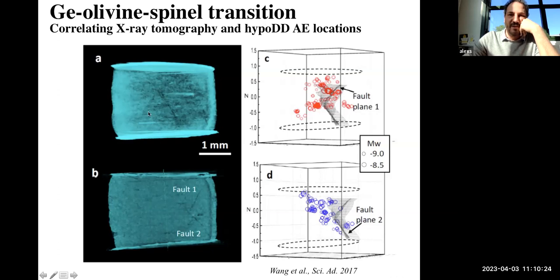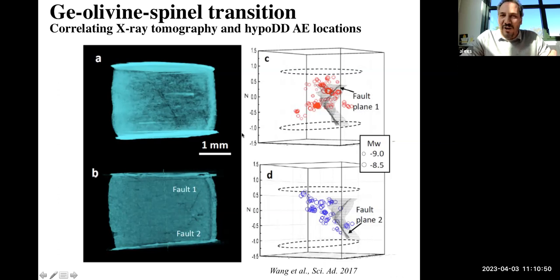And here you see a tomographic image of a sample that is faulted. And here you see the location of two subsets of acoustic emission. Obviously, it's relative location because it's hypoDD, but you can actually see that they seem to follow rather well the fault that is observed in the tomographic image.